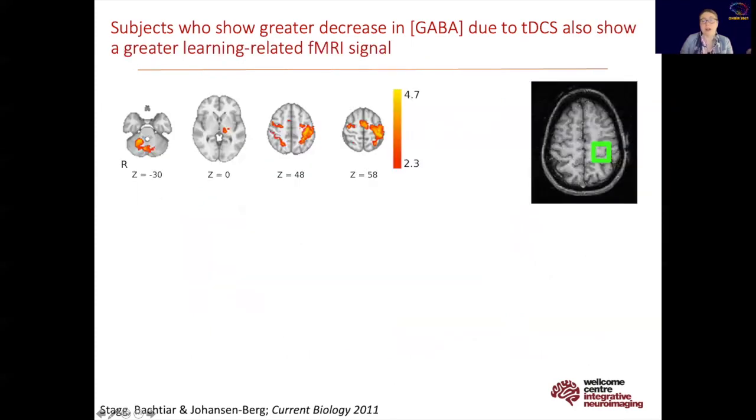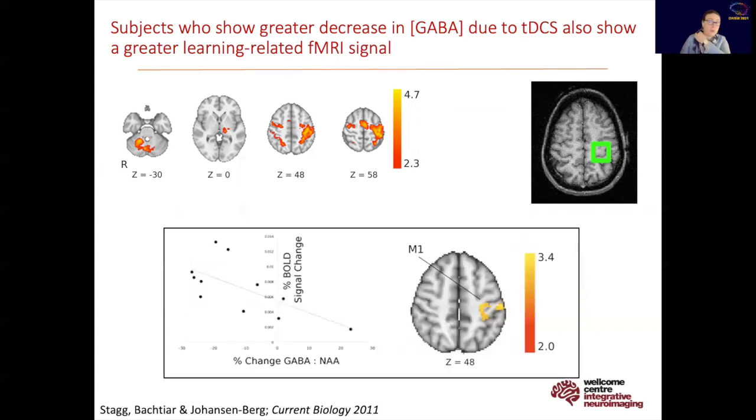We can look across the whole brain and ask where in the brain there is a relationship between how much you decrease your GABA in response to TDCS and how much you decrease your fMRI BOLD signal in relation to learning. Actually, across the whole brain, we see a remarkably specific relationship in the left premotor cortex, such that this is the region where BOLD learning change correlates with GABA responsiveness.